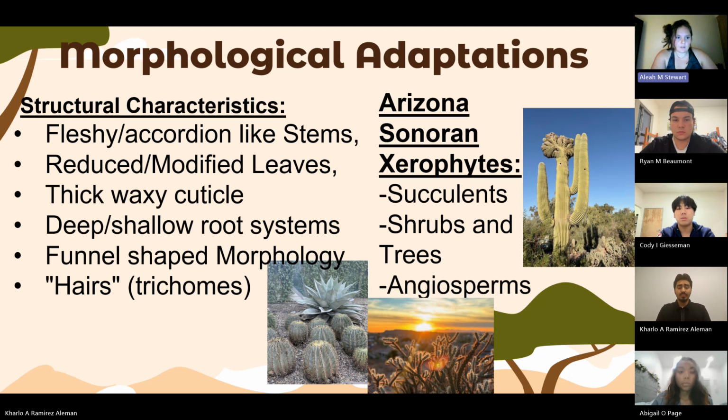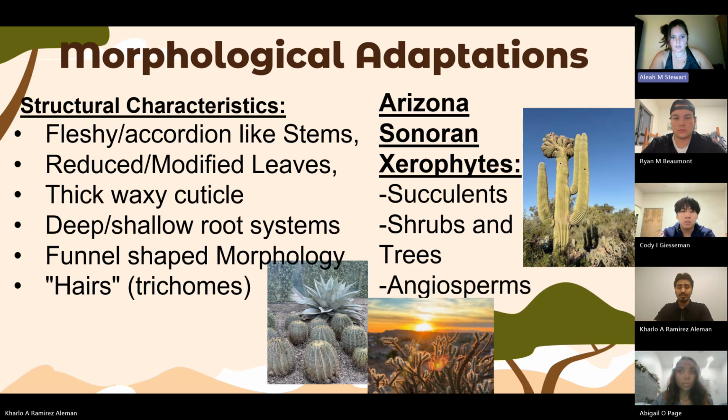Also, we have a combination of deep and shallow root systems. The shallow root systems are the ones that reach far out for the different water sources. And as deep as they go, it's only about 2 feet deep. That's as far as they go. Another characteristic is the funnel shape that you'll see in a lot of succulents, such as, again, the agave plant.